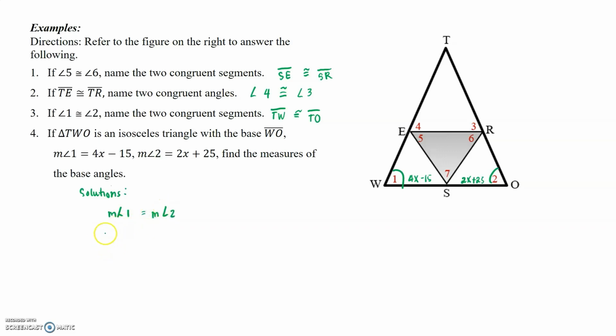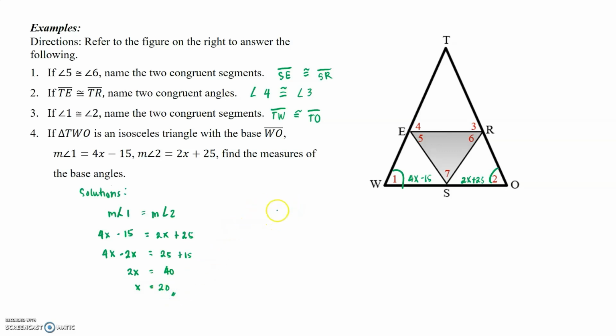So that would be 4x minus 15 equal to 2x plus 25. Transpose, we have 4x minus 2x equal to 25 plus 15. 4x minus 2x is 2x, equal to 40. x is equal to 20. So that is now the value of x.